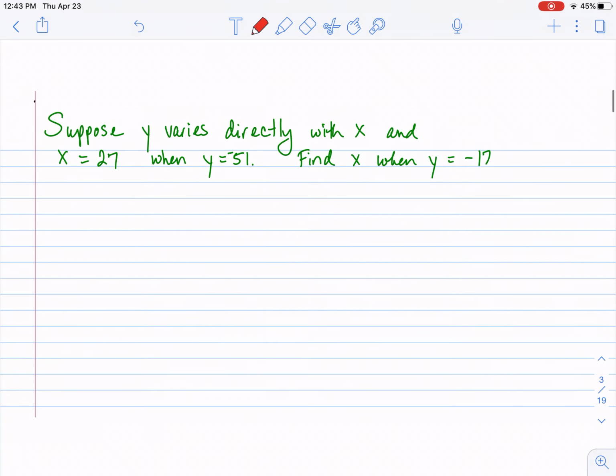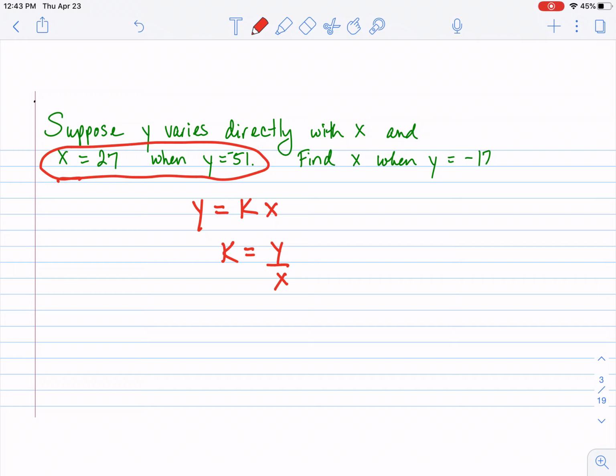If I was going to do an example about y varying directly with x, well, if you remember, it's going to be y equals kx, or k is equal to y divided by x. This is what we did way back when. I would figure out what k is here. k is equal to y divided by x, so it's negative 51 divided by 27.